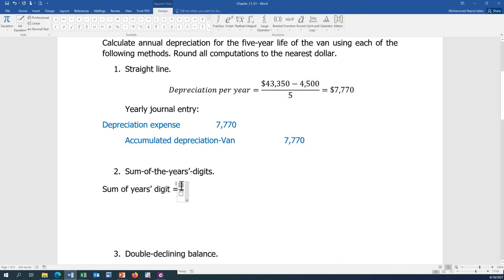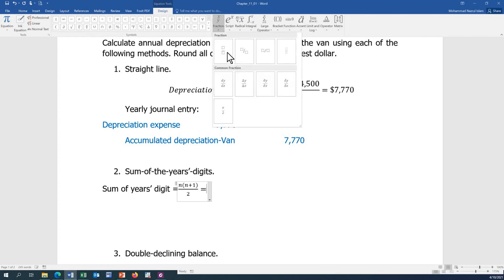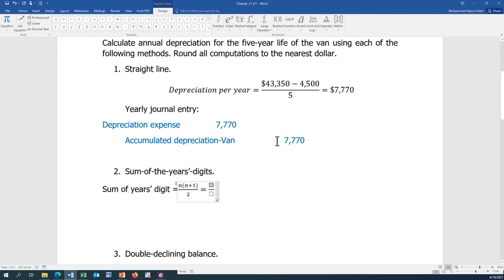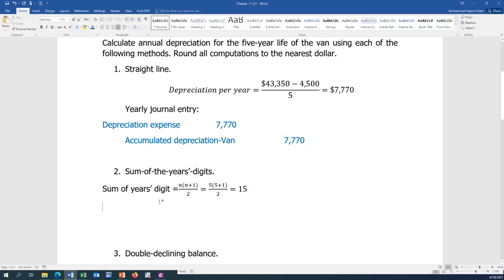We know that it is n multiplied by n plus 1 divided by 2. Here n is 5, the number of years, so 5 times 5 plus 1, divided by 2, which is equal to 15. So this is the sum of years.